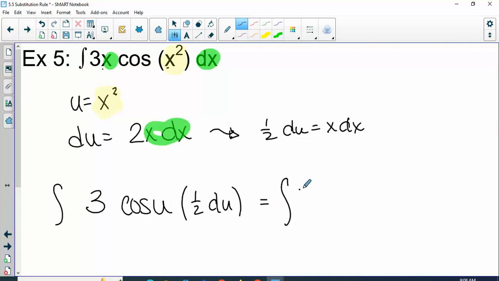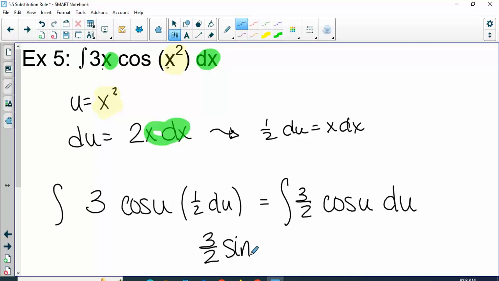So this turns into a 3/2 cosine of u du. What's the antiderivative of cosine? So this is 3/2 sine of u plus c. And so then at the end, you just have to get rid of the u, and u was.